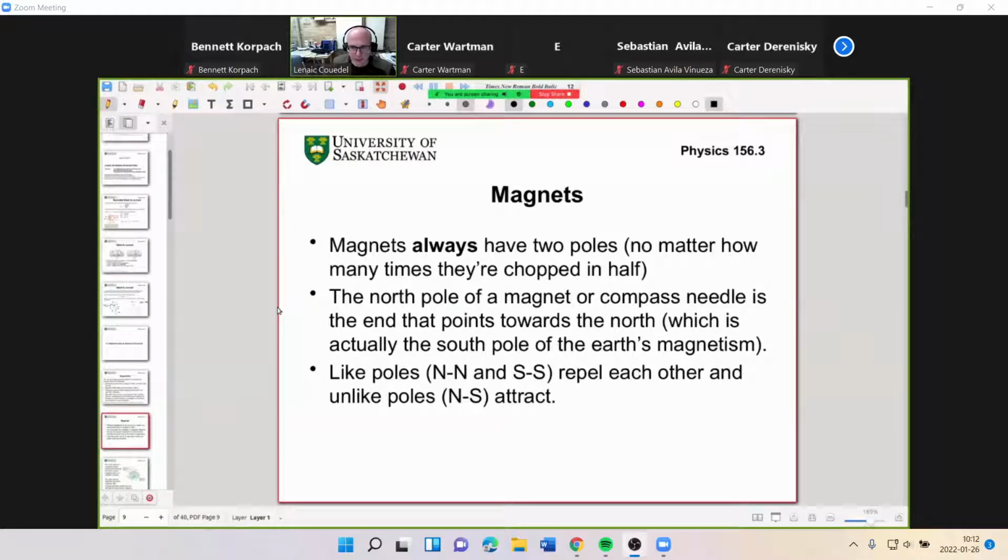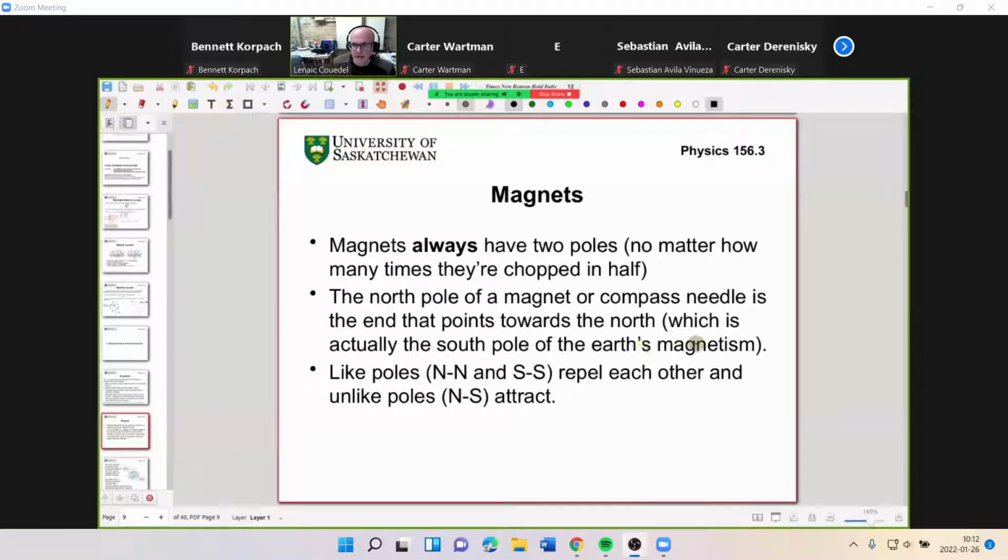And that is why, when you take a magnetic needle, one end will always point towards the geographic north of the Earth. So, okay, the magnetic north, sorry. The magnetic north is somewhere in northern Canada. And because of that, we call the pole that points toward the north the north pole of the magnet.